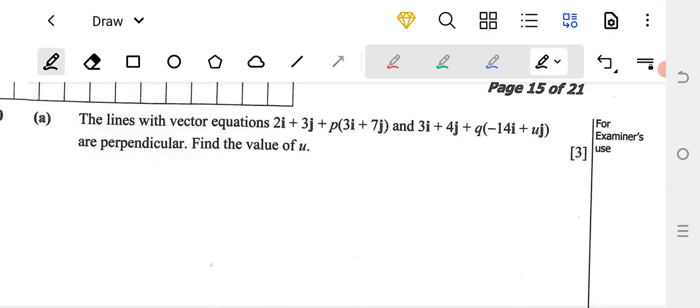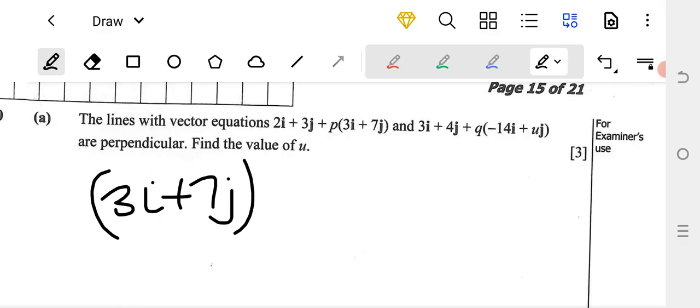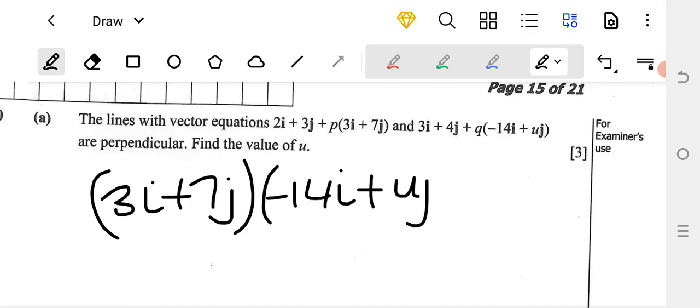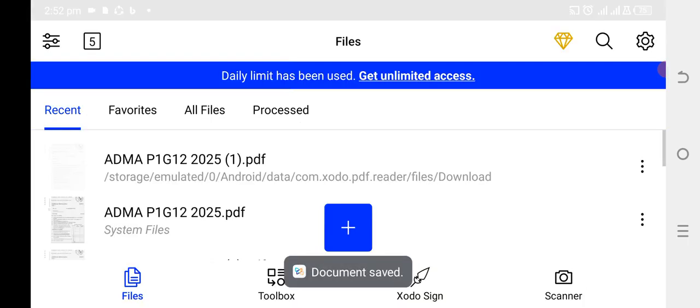Since this means that we are meaning 3i plus 7j times negative 14i plus uj should give us 0.